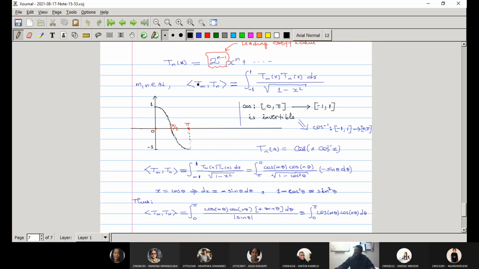All right, now when we define the dot product of two polynomials, this is the definition. It's a weighted integral, where the weight is 1 over the square root of 1 minus x squared.